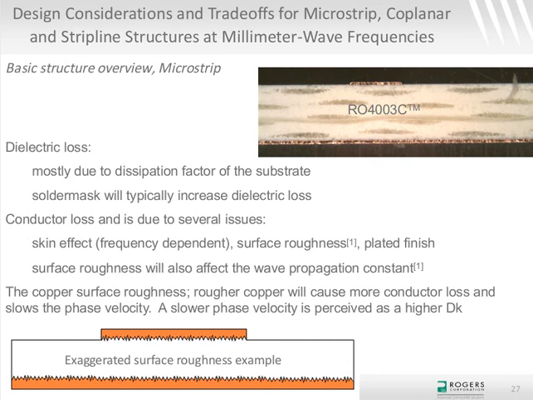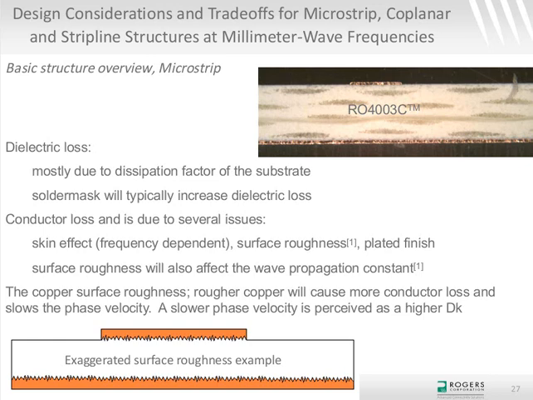So for losses, microstrip circuit dielectric losses are mostly related to the dissipation factor of the material itself. And if you put solder mask over the signal plane, the solder mask is actually going to increase the dielectric losses. Conductor losses, there's actually a pretty long list of things that go on there, and I kept it simple. One is skin effect, and as we all know, when you go to higher frequency, you have a thinner skin depth, which means you're using less of the conductor to support the current.